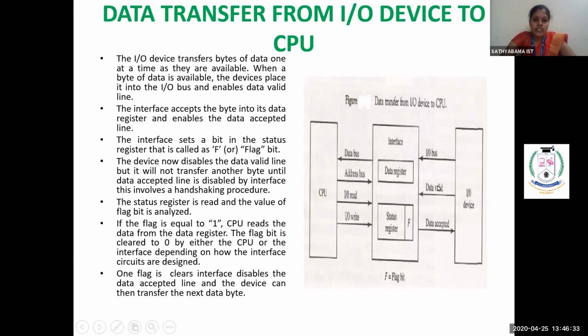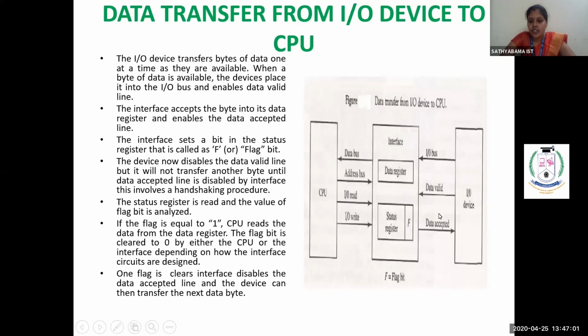Then the interface accepts the byte into the data register. It is in the interface data register, also called the F flag bit. The device now disables the data valid line, but it will not transfer another byte until the data accepted line is disabled. Only if the data accepted line is disabled will the data valid line send one more interrupt to the CPU.